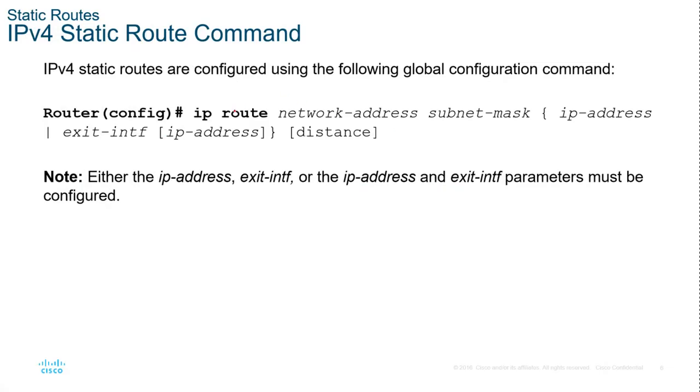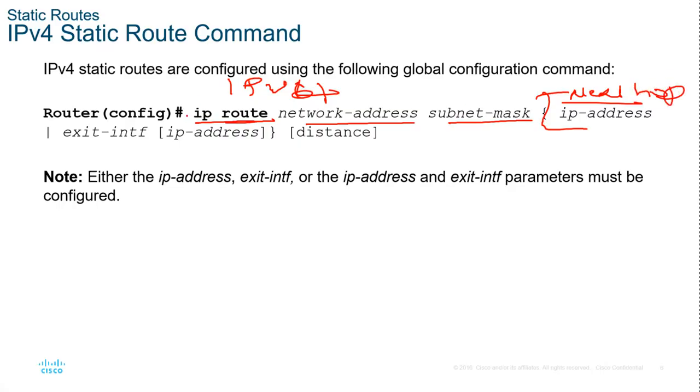So the syntax of the command, we have ip route, then the network address, the subnet mask, and then here we have the option: either the next hop or the exit interface. And then we can also use the distance.